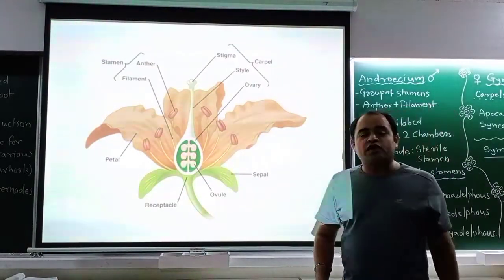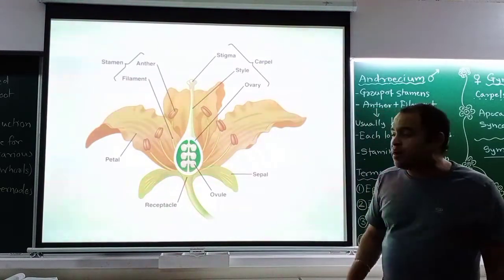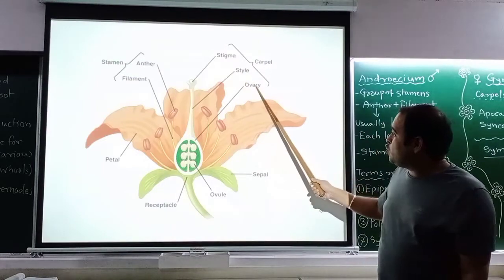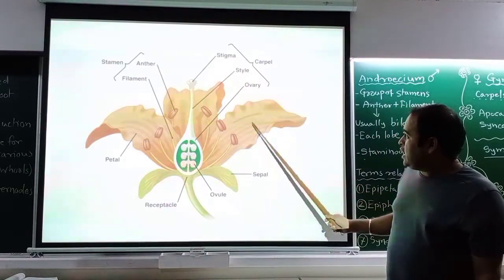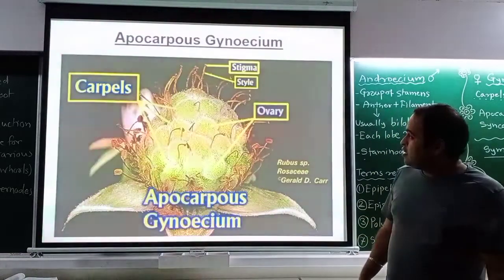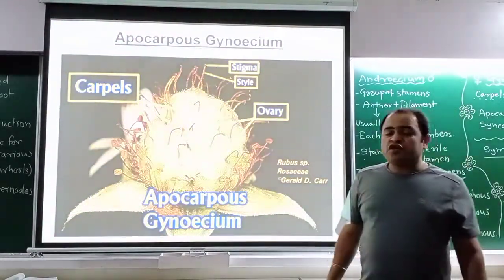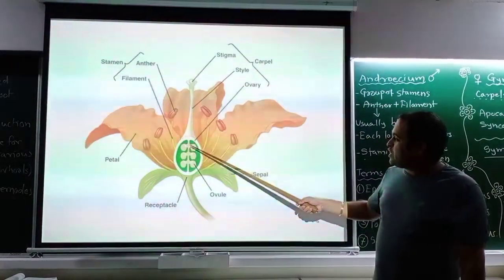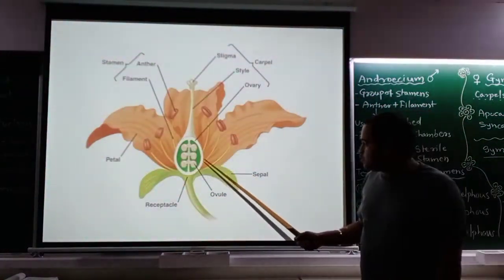Once again, before starting the female reproductive part, have a look at this stigma, style, ovary, and we are done with the male reproductive organ. In case of typical stigma, style, ovary, there is nothing to explain actually.